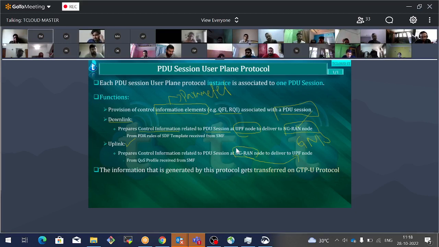But ultimately, this protocol header is going to be prepared by UPF in the downlink scenario and by the NG-RAN node in the uplink scenario. That's it. Both of them are responsible for detecting the correct quality of service flow identifier that is associated with the traffic that's going through.